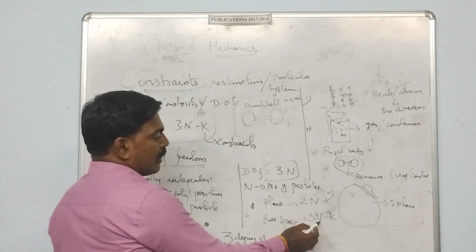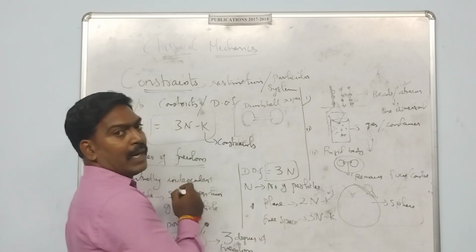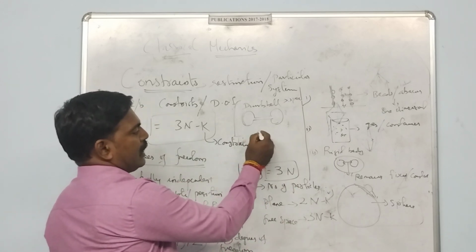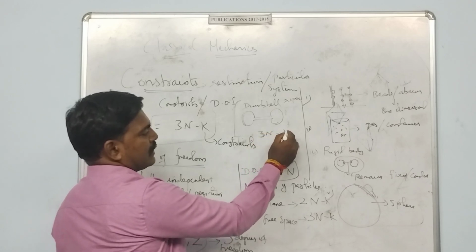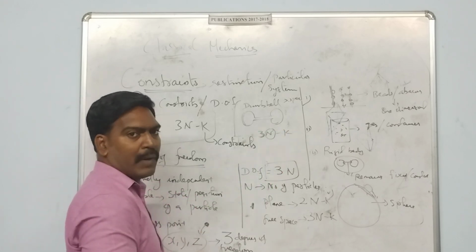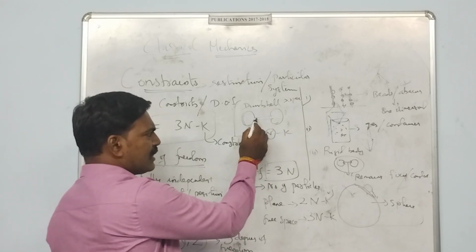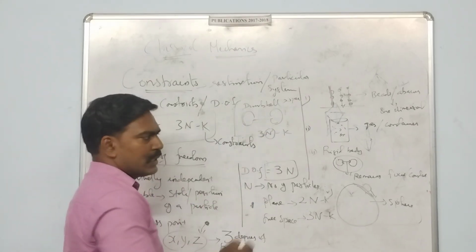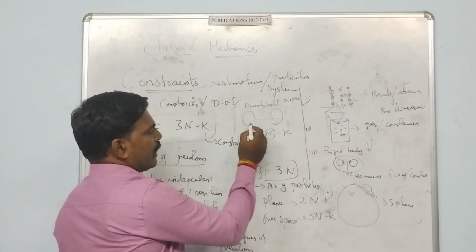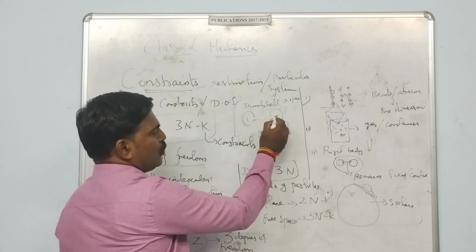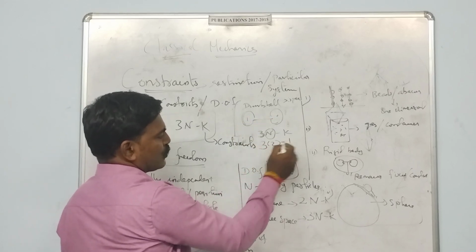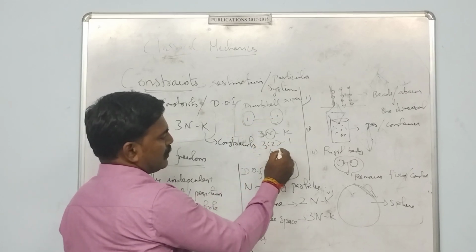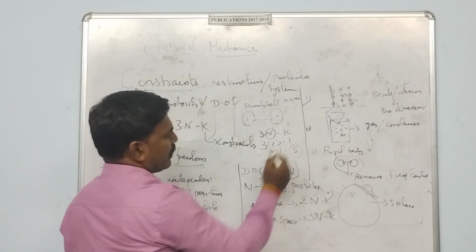We know the meaning of n, the number of particles. Apply this formula 3n minus k. The constraint is only one, that is, a rod connecting the two objects. The number of particles is 2. So 3 into 2 minus 1 is equal to 6 minus 1, which is 5.